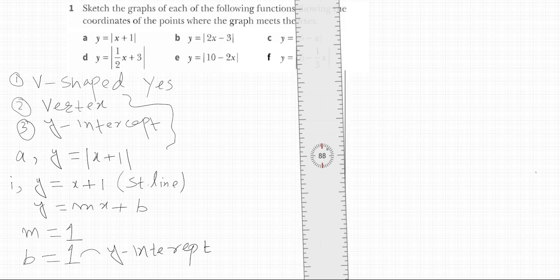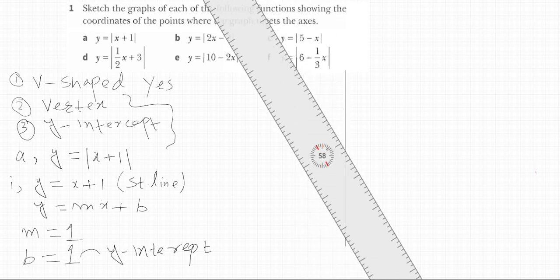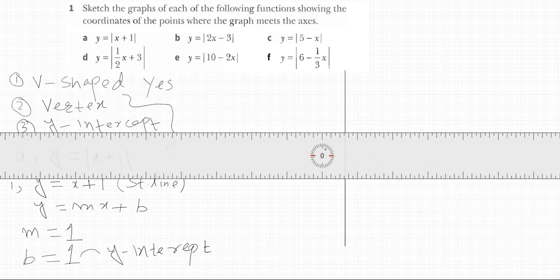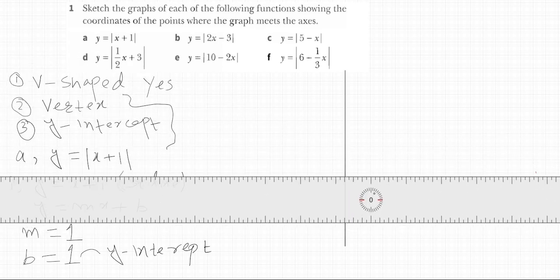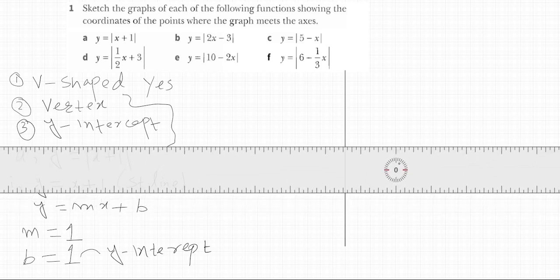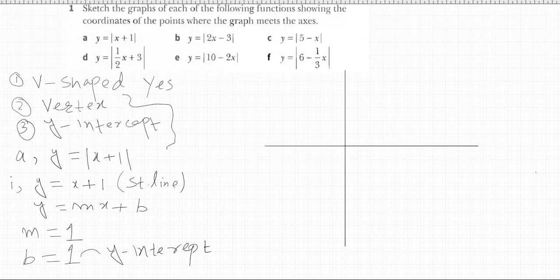This is the y-axis and this is our x-axis. Okay, students, now you can see a more accurate graph.